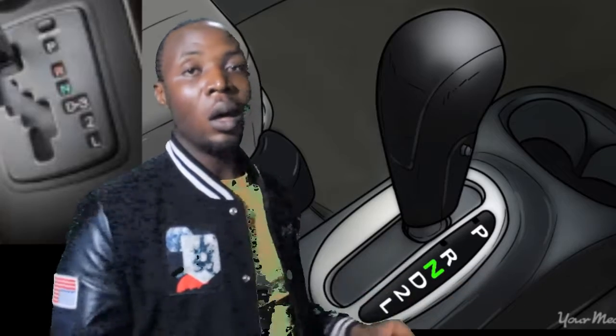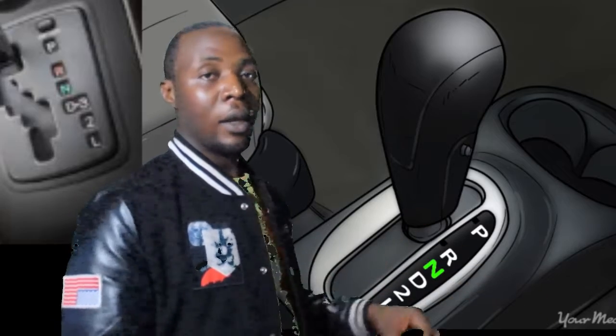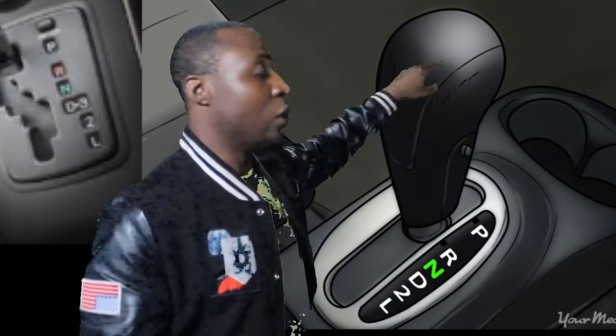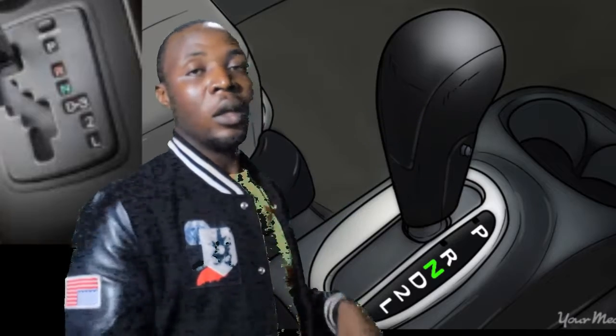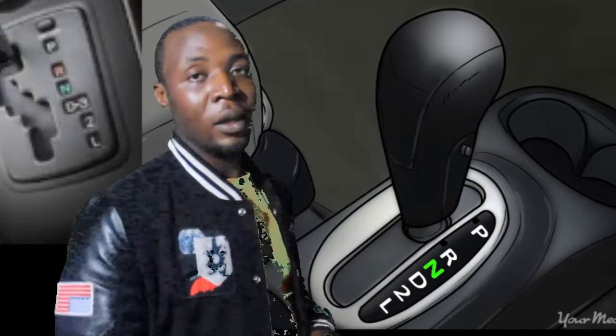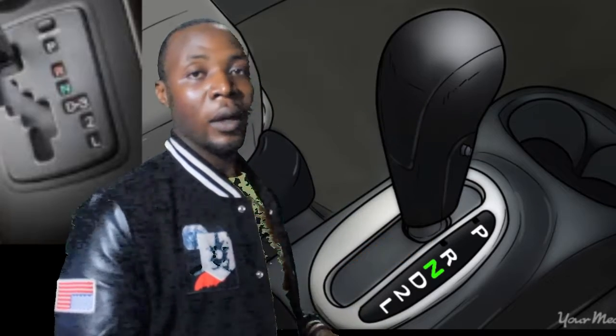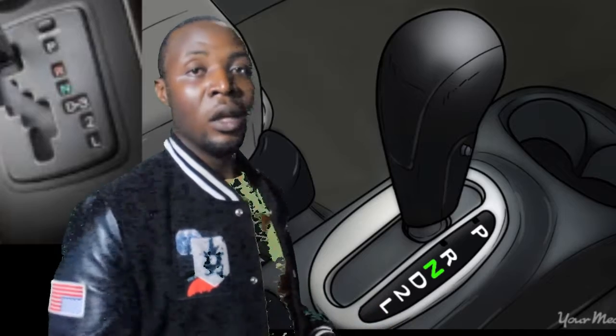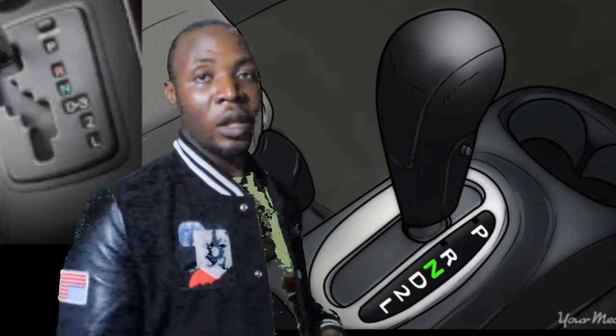Then we have another letter, which is letter L. When you see letter L, it is for when you are descending. When you are going down the hill, you just have to go to L. You take the selector and go down to L, then you are descending. In a manual car, when you are descending, you have to put your vehicle in gear 2.